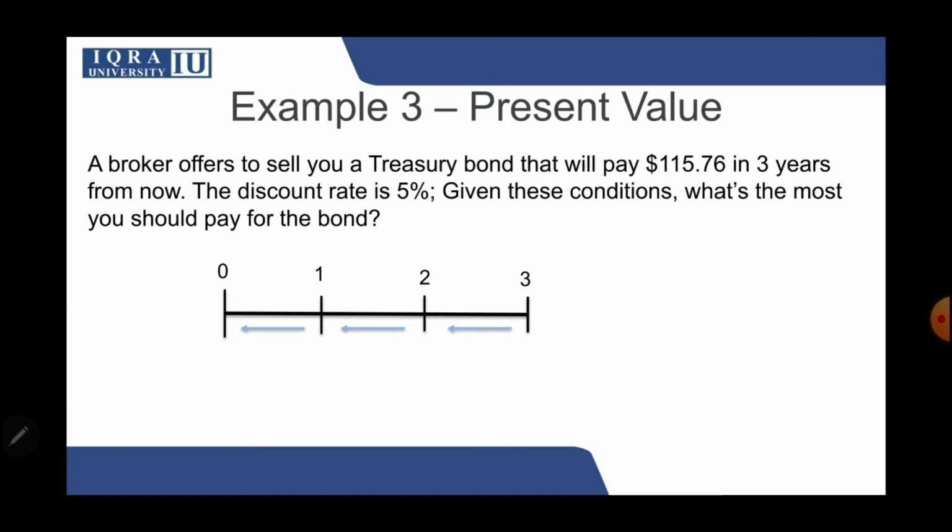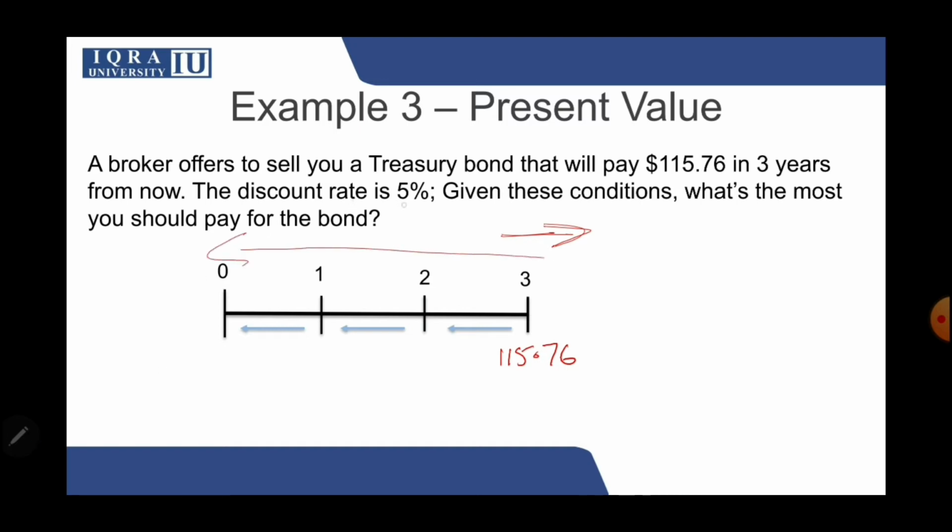Now, for example, a broker offers to sell you a treasury bond that will pay 115.76 in 3 years from now. So now you have the future value. This 115.76 will be paid to you in 3 years. So this value is coming over here. And instead of going this way, which is the case for future value, now you're going backwards because you want to find out the present value.